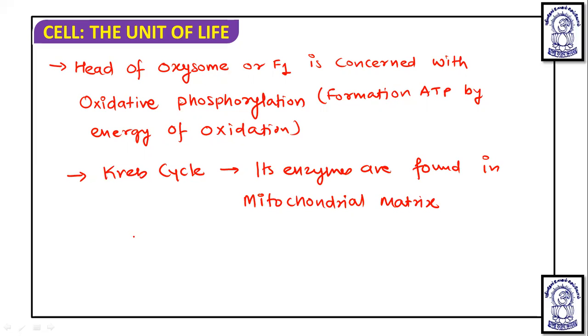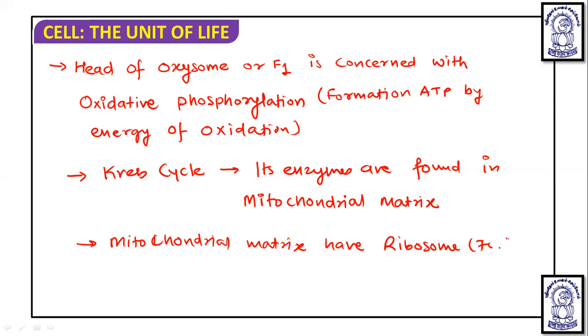Besides this, the mitochondrial matrix has 70S type ribosomes, RNA, and enzymes.